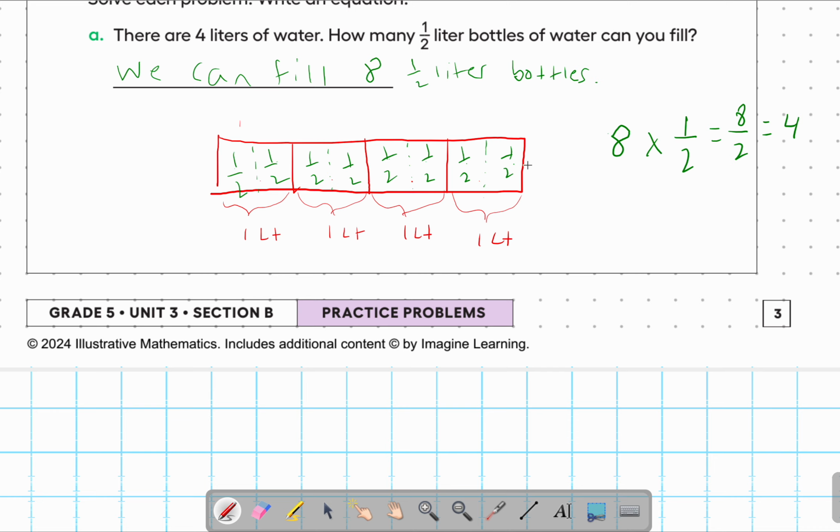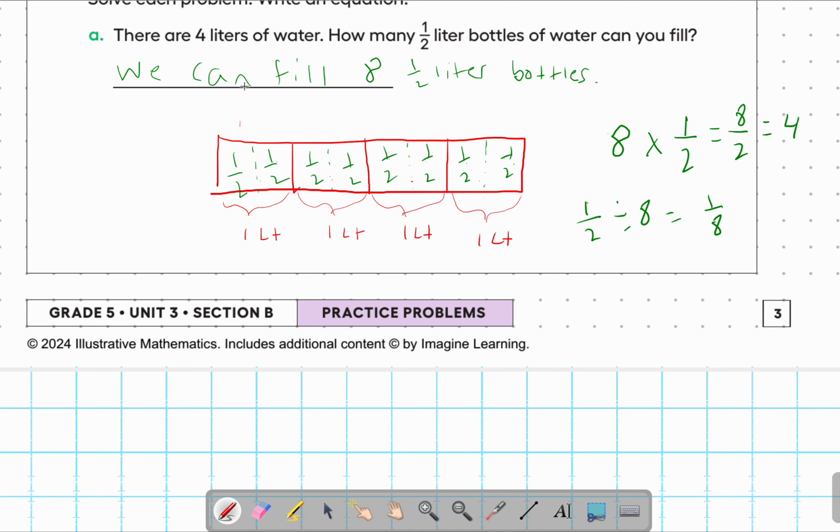And let's say that you made a mistake here and you got 1/8 as your answer, because you thought, oh, it's 1/2, I have to use 1/2 divided by 8, and you get 1/8. Does that answer make sense?